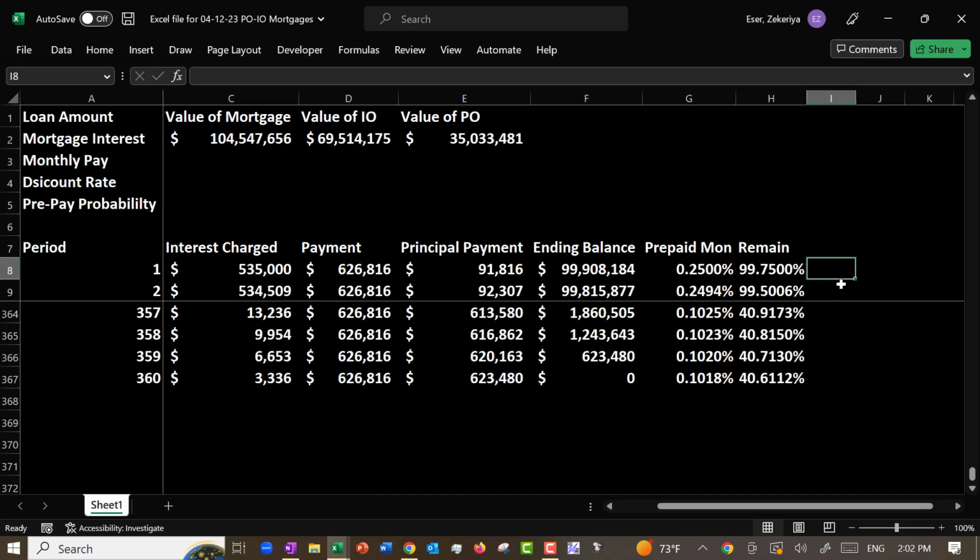So if you are IO, you get the interest payment for that month, or let's make it simple.